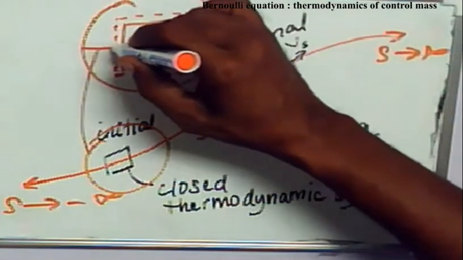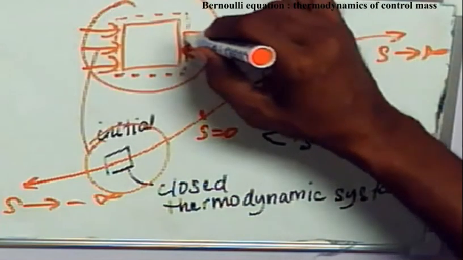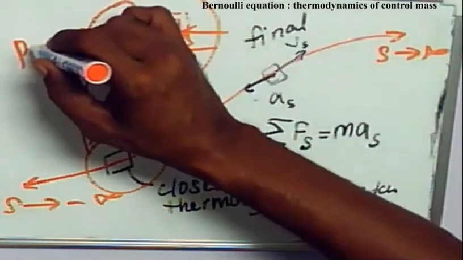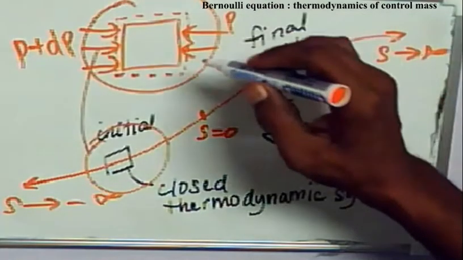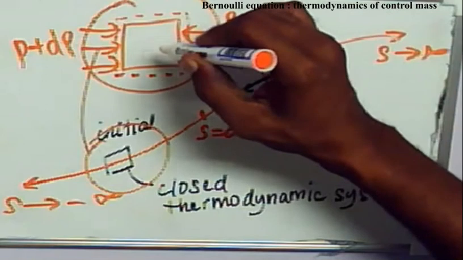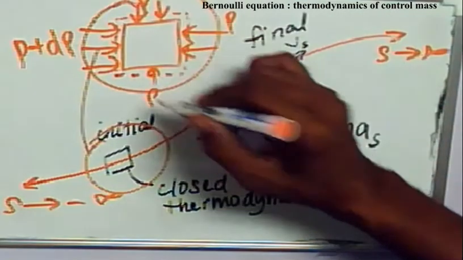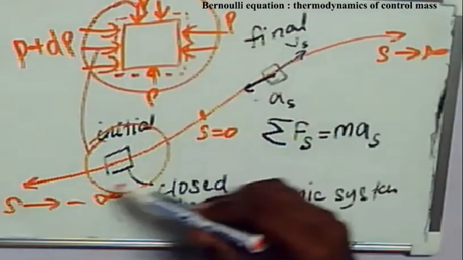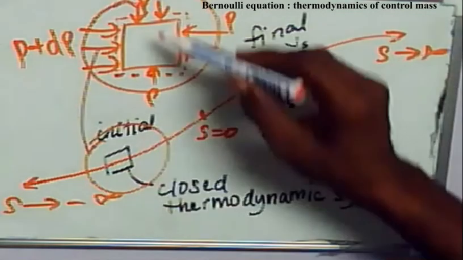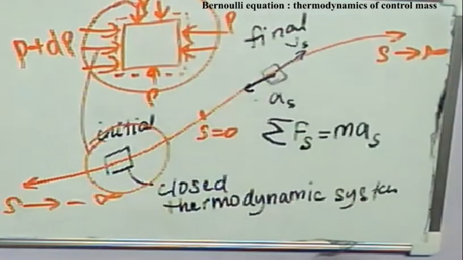Let's say we have surface forces from pressure. This one is P plus dP. This one is P. And then we have also P there, and the value should be different from that. But when we evaluate the S coordinate system, these two forces due to the pressure are balanced, and we're not going to consider that in our calculation.